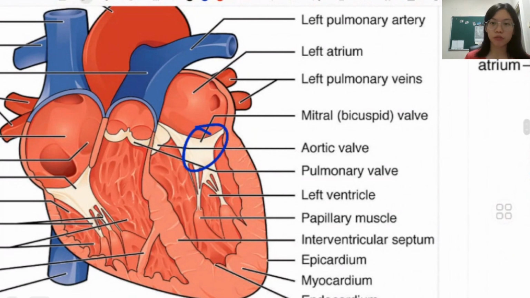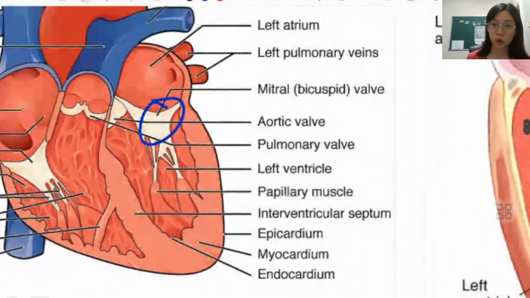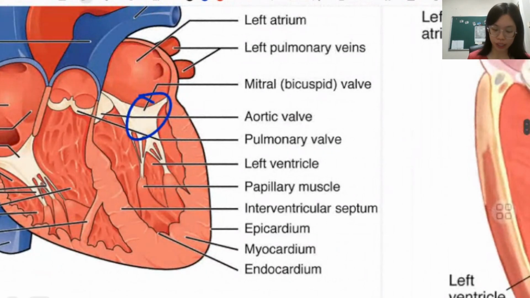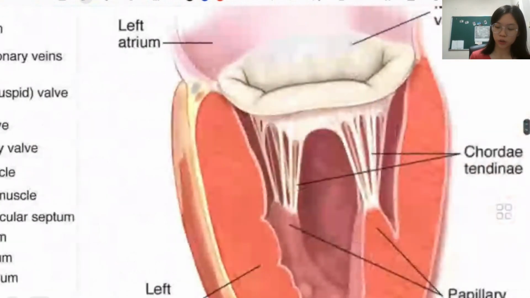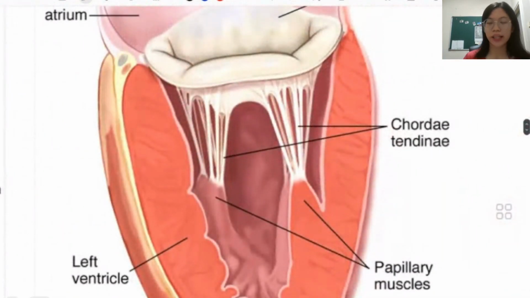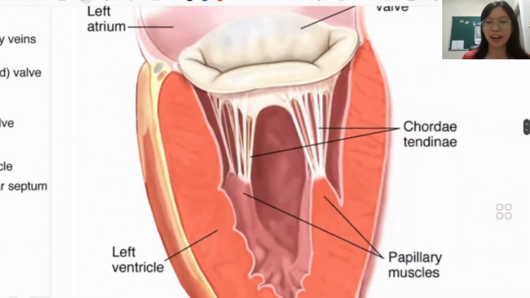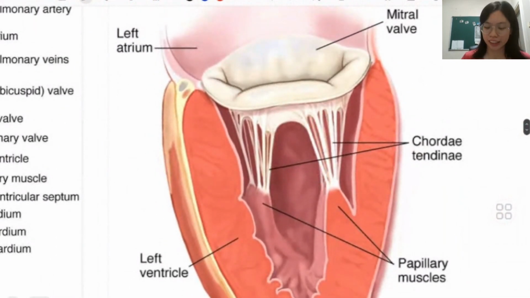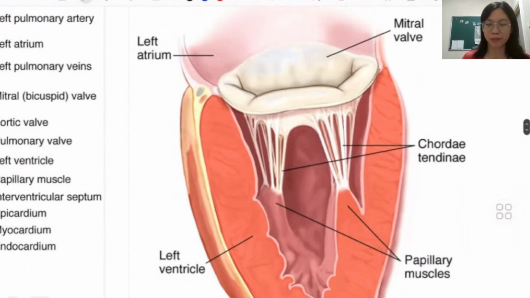If you take a look in more detail, you can see there is a muscle which is connected to a tendon. This tendon is called chordae tendineae, but you don't have to remember it. It is something I learned in pre-university biology. So this tendon will actually support this bicuspid valve.